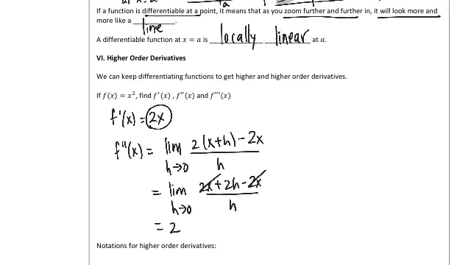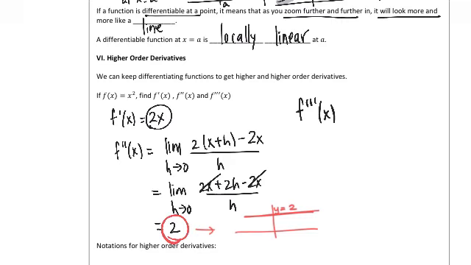I can do that again and take a derivative of this second derivative, and that would give me the third derivative, f triple prime of x. And if f double prime of x is just a constant, then that just means we have a flat line at y is equal to 2. The derivative of a line is the slope of the line, right?